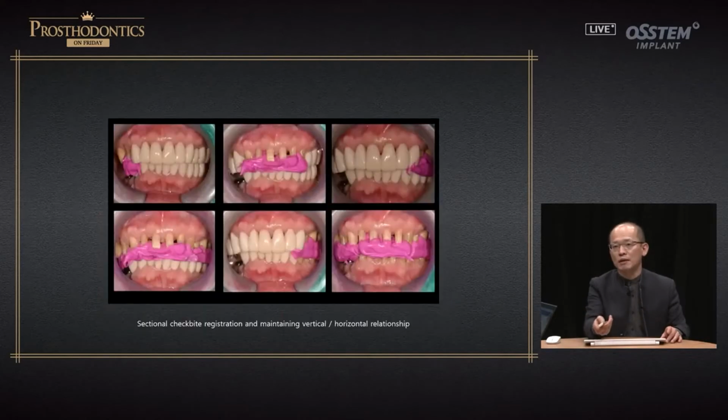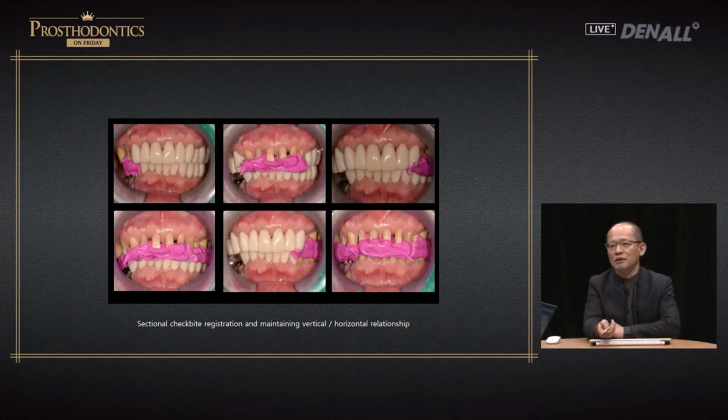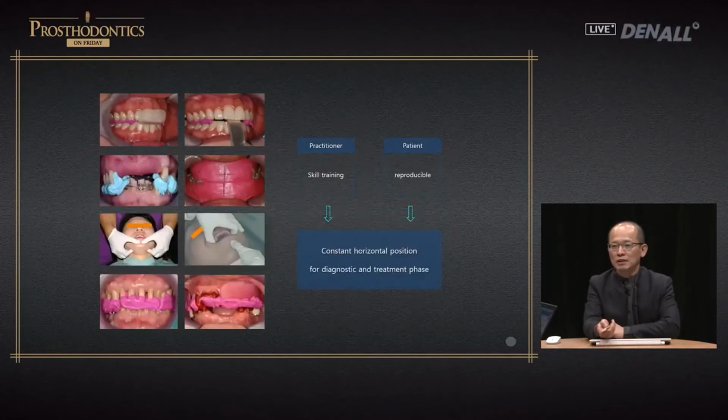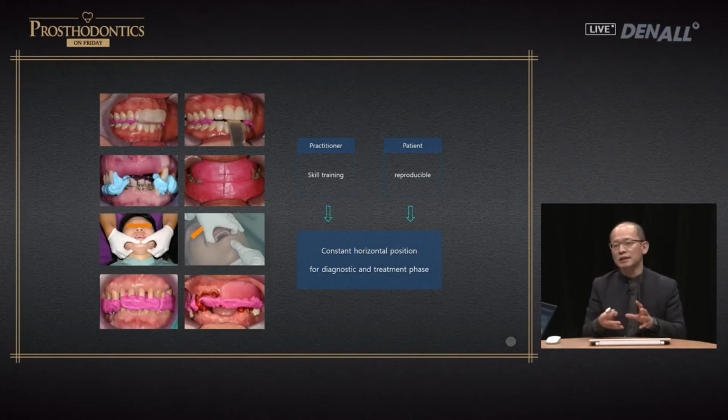That's key. Now, this is temporization, and in full mouth cases the bites always change, and it's how you go to the next step. And in CR record, as I said before, the practitioner needs to train the skill.